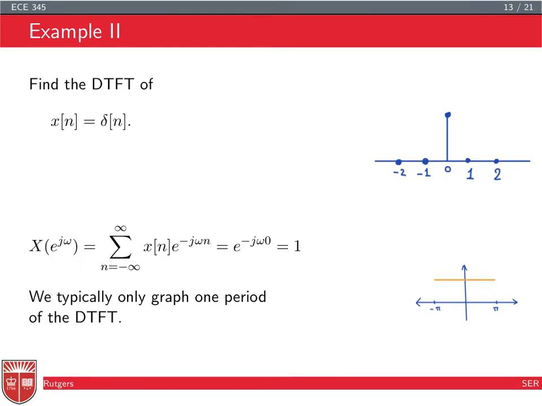So it has frequencies everywhere, with the same amplitude, which is 1. And usually when we want to plot the graph of the DTFT, since it's periodic, it's enough to plot it in a period equal to 2 pi, and we typically choose the interval from minus pi to plus pi.